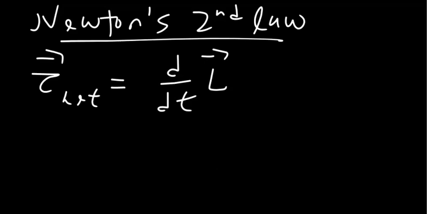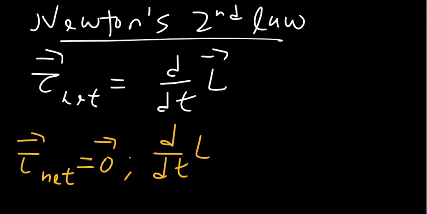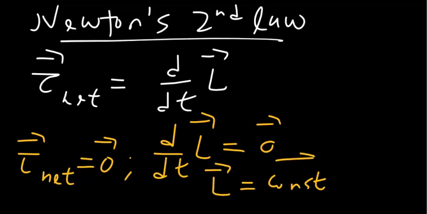Now let's see what is the implication of the net torque acting on the system being 0. If that is the case, then we know the time rate of change of angular momentum of the system has got to be 0. That means the angular momentum of the system has got to be a constant vector.